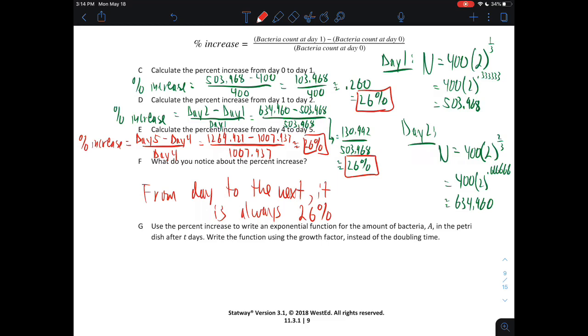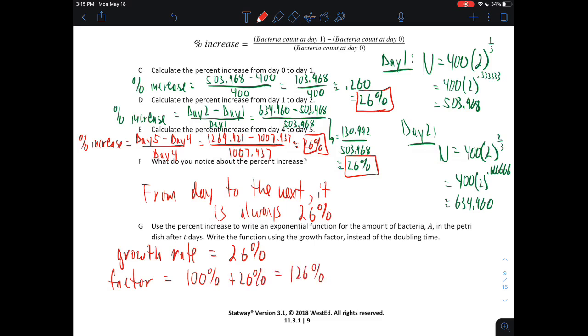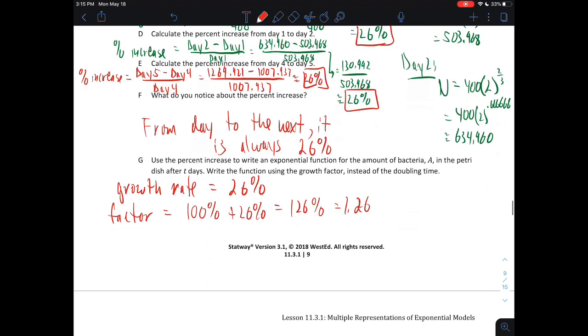So if the growth rate is 26%, remember that the factor would be 100%, as we learned earlier in this lesson, plus 26%, which is 126%, or 1.26, which means that our exponential function is our initial value.